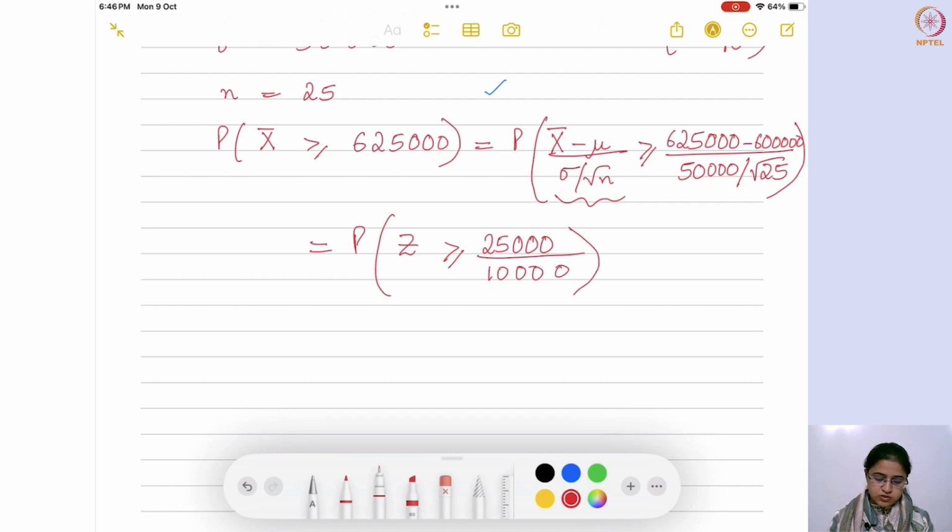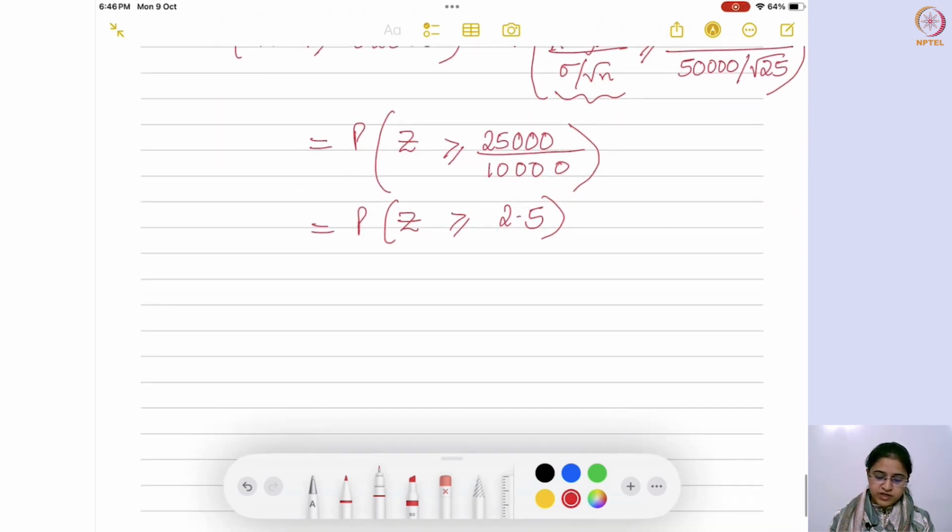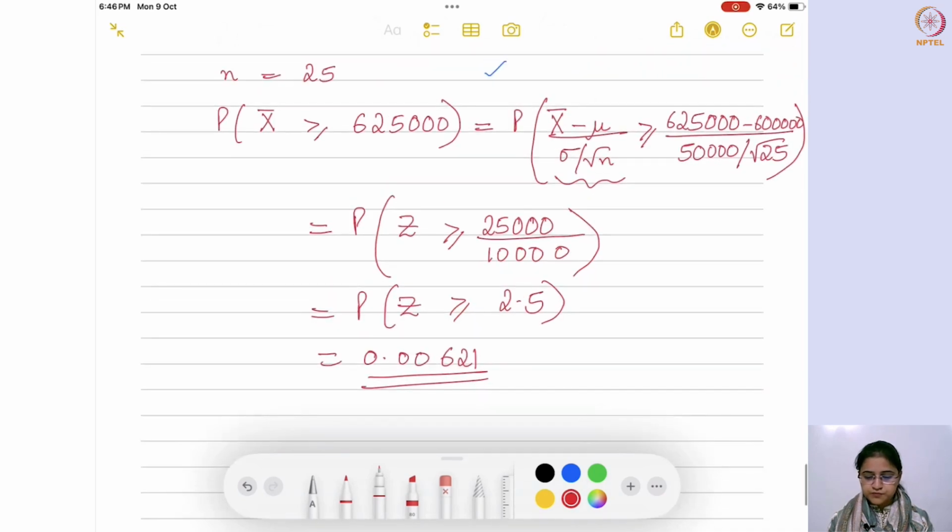So basically this is 2.5, the probability that z is greater than or equal to 2.5. If you look at the standard normal table, this corresponds to a probability of around 0.00621. You can check this from your standard normal table for this value.